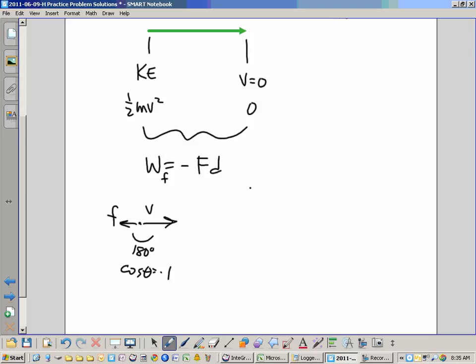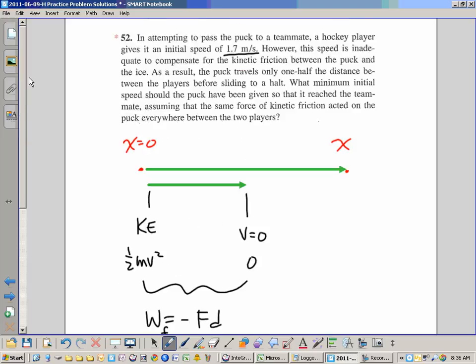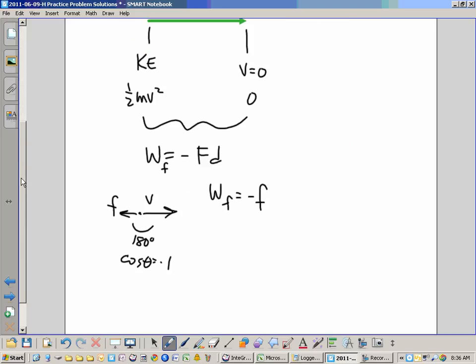And so for us, that is negative of friction times our what? We want it to go a distance x, but it only went 1/2 x, so x over 2. So that's the work done by friction.